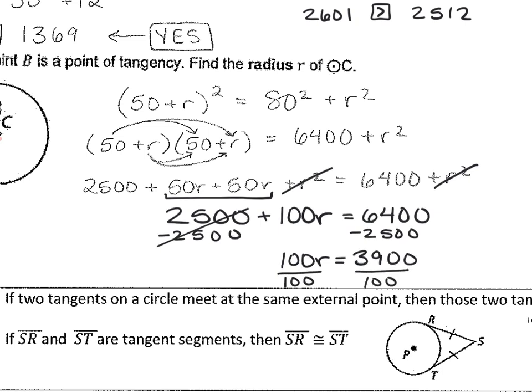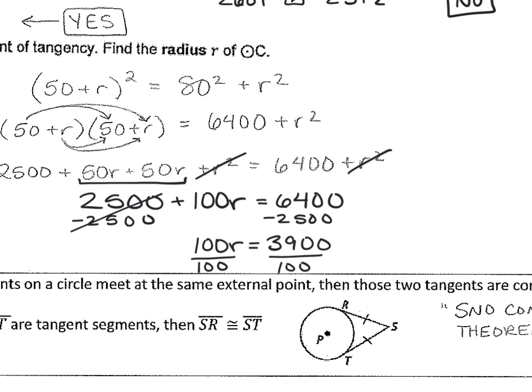Yeah, divide by 100 on both sides. If I'm doing this in my head, so you don't have to use a calculator, when you're dividing by multiples of 10, the zeros cancel each other out. So what is 3,900 divided by 100? 39. So the radius here is 39 units long, which is what it asked me for.